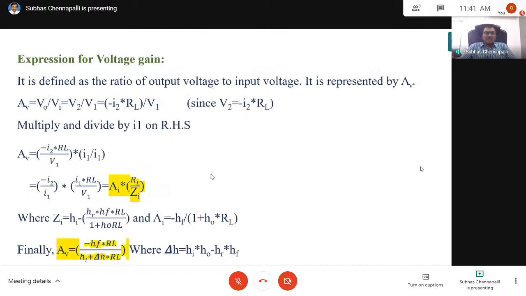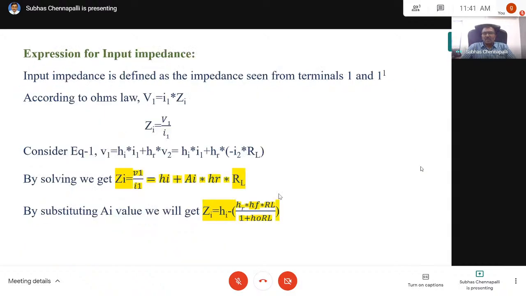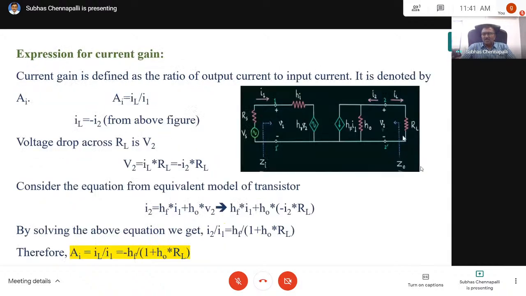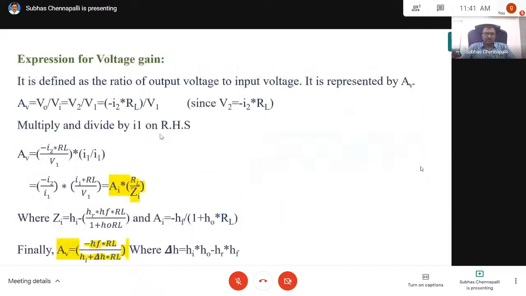Then voltage gain is V2 by V1, where V2 means V0. V0 by V1 is nothing but V2 by V1, and V2 is minus I2 times RL by V1.